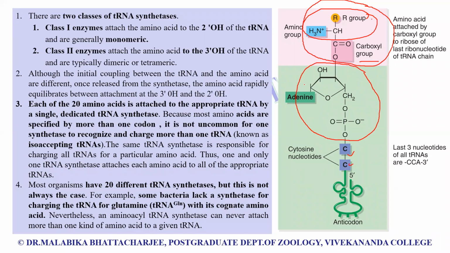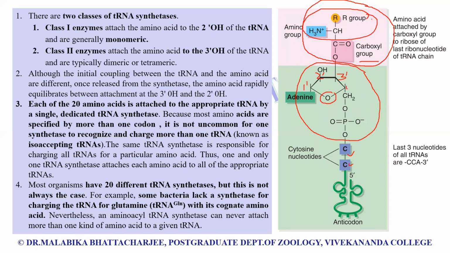If we look into the position numbering of the molecules within this ribose sugar, we all know that this is the 1' position because O is the functional group here. If you remember your organic chemistry, this is the 2' position which has an OH attached to it. This is the 3' position.